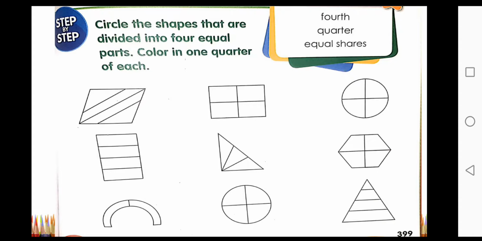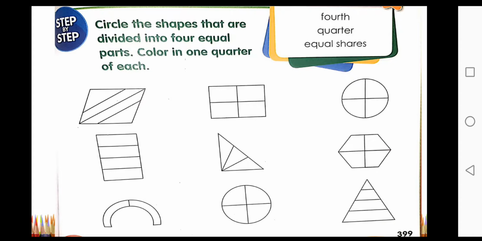Next, shape number 3. Ask yourself, is this shape divided into 4 parts? Yes, they are 4 parts. 1, 2, 3, and 4. Okay, are the parts equal?